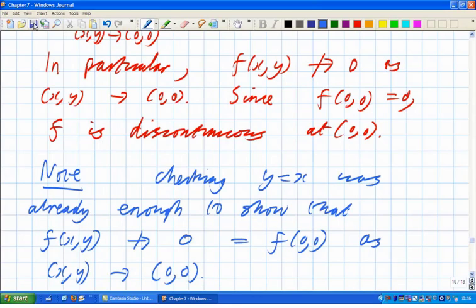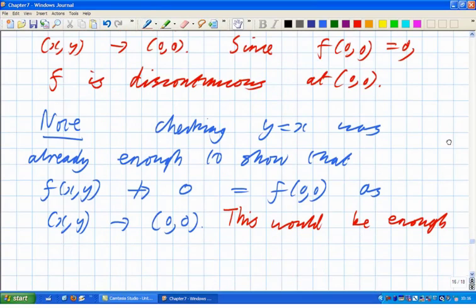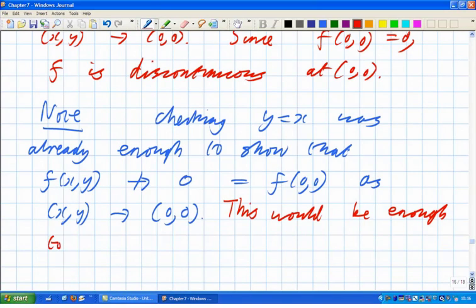So that already establishes discontinuity. But because it was approaching 1 along that line, if you only check y equals x, then you haven't proved the limit doesn't exist, because the limit could have been 1. All you've done is prove that it doesn't have limit 0. But that would be enough to prove discontinuity.